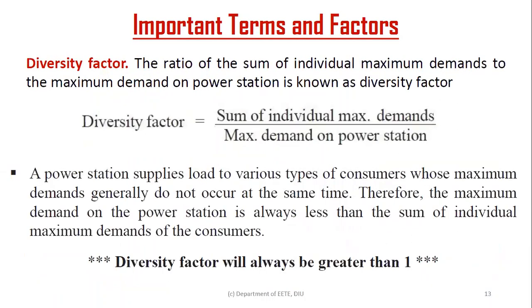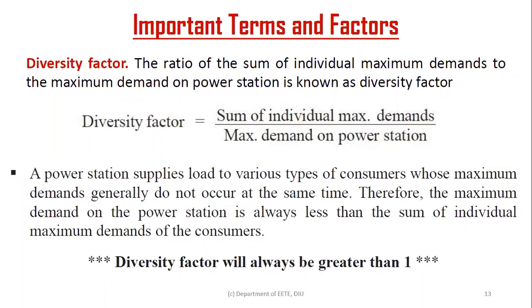Last, the diversity factor. The diversity factor is basically the sum of individual maximum demands divided by the maximum demand on the power station. I discussed that, for example, everyone has its maximum demand at a different time, so it really doesn't happen at the same time.